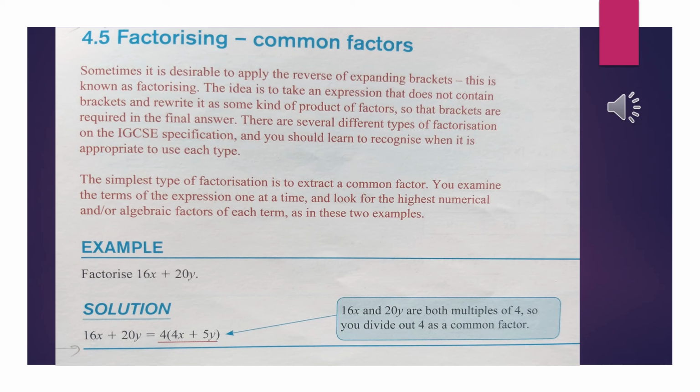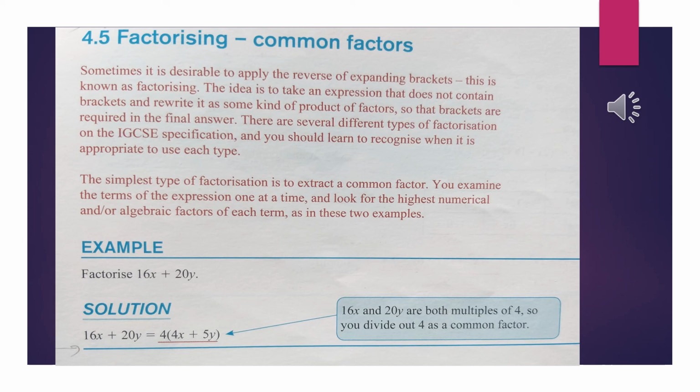The simplest type of factorization is to extract a common factor. Extract means you have to take out the common factor. You examine the terms of the expression one at a time and look for the highest numerical or algebraic factors of each term, as in the below two examples.